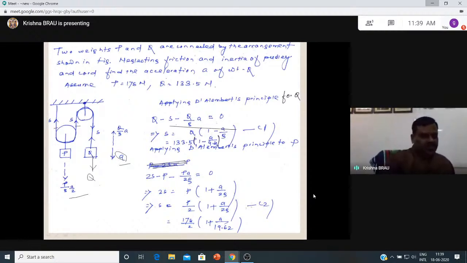If it is x1, it is 2x1, 2x2 plus x1 like that. If you differentiate, we'll get a by 2.